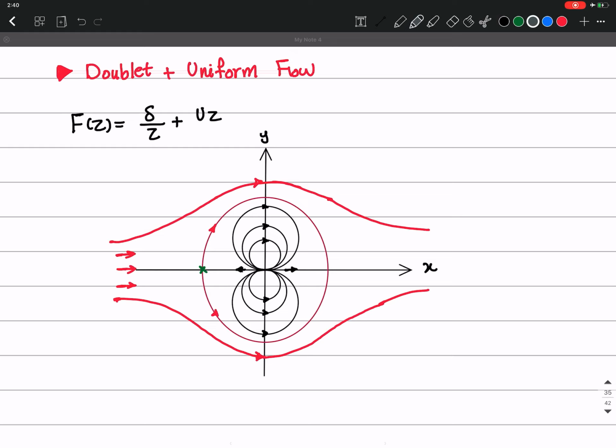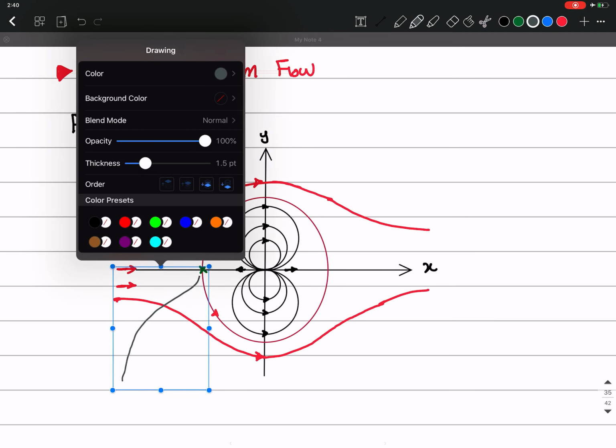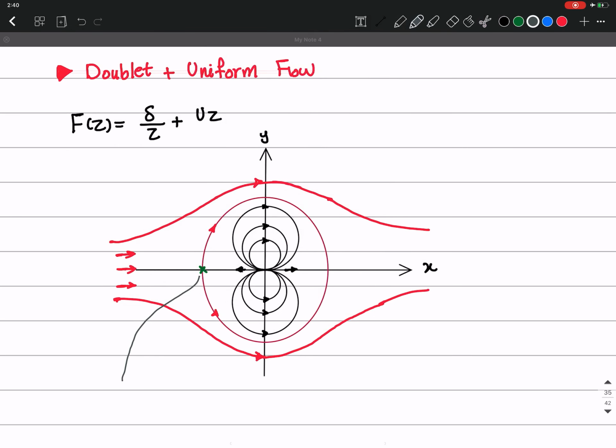So in particular, I'm interested in this streamline, and I want to find what is the shape of this streamline where it passes through the stagnation point. So here, we have a stagnation point at this green point.